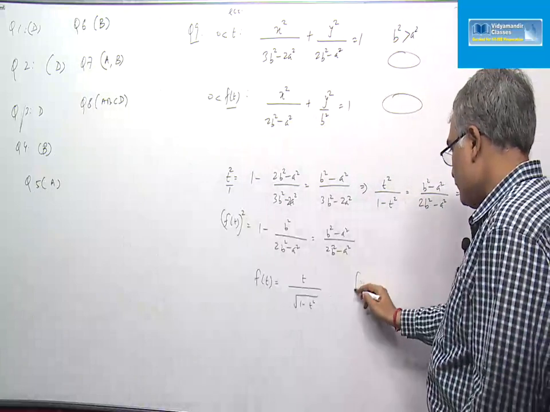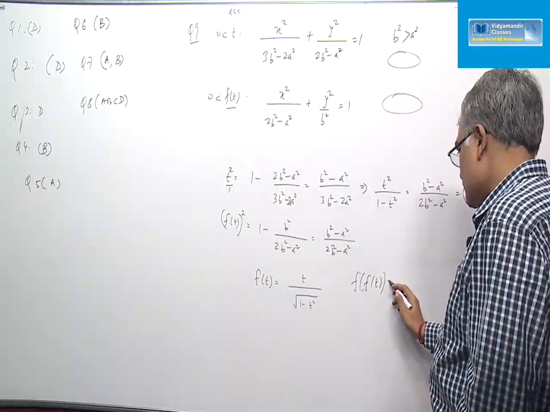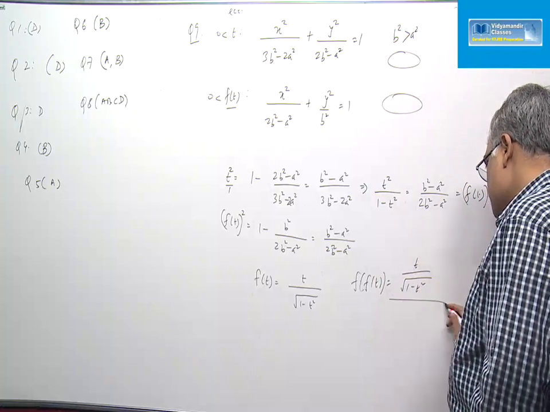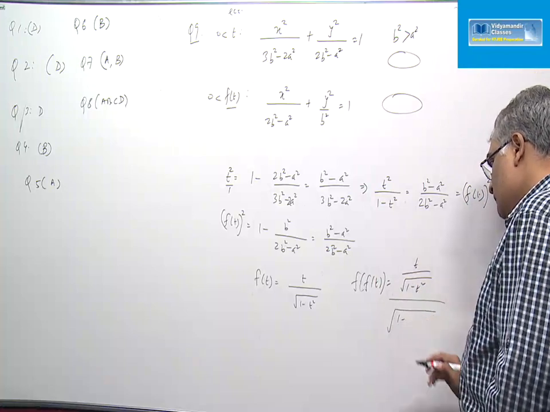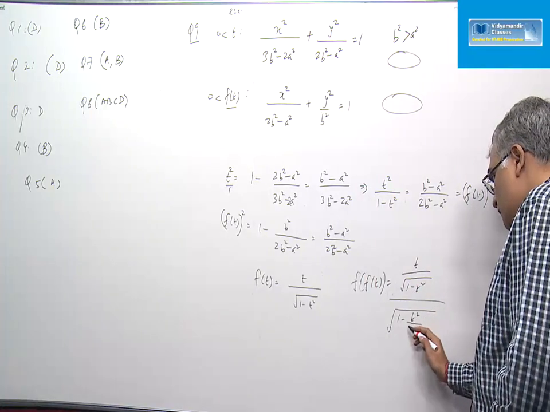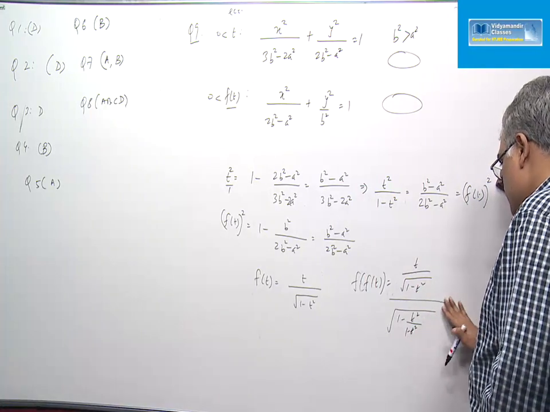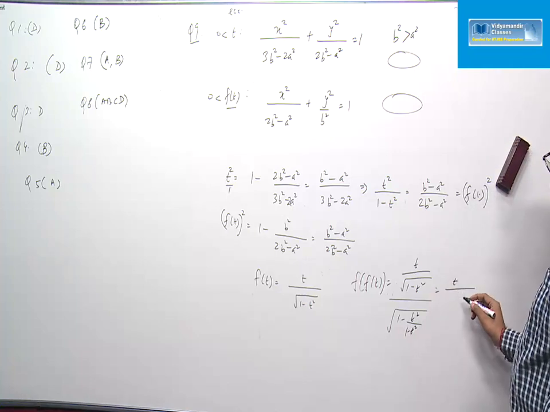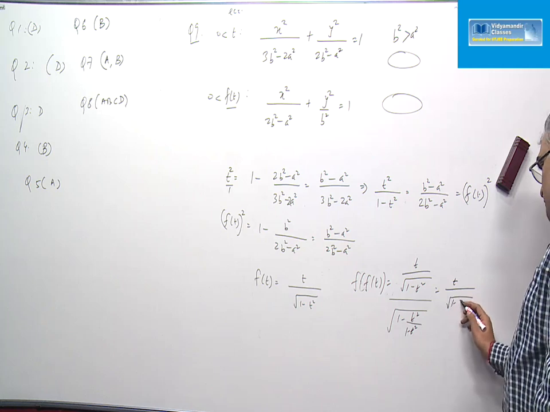f of f at t. f of f(t) is t upon root 1 minus t square upon root under 1 minus t square upon 1 minus t square. That is t upon under root of 1 minus 2t square.